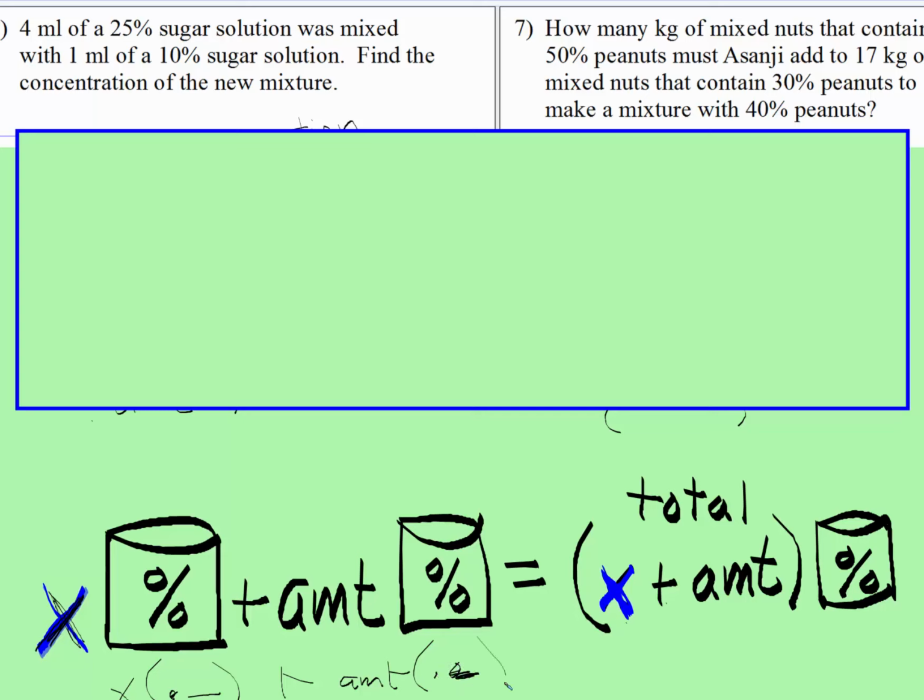Now this is going to be a distributive. So you're going to have X times a percent plus this amount times this percent, that concentration. And then you get the X's to one side and then the amounts to the other, and then you would solve. All right, that's it for the basic setup on how you do these problems.